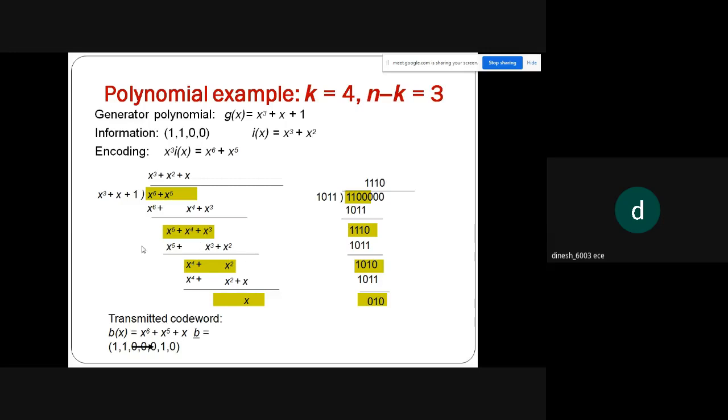The equivalent of this x is 1 in coding. So this is equivalent to 1. So we can write 0, 1, 0. Equivalently we can write the given information. The given information is 1, 1, 0, 0. So write it as it is, 1, 1, 0, 0.